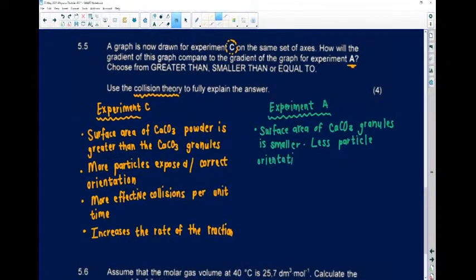And if there's less particle orientation, there's less effective collision. And remember, for the rate of a reaction, you need to have effective collision. So there will be less effective collisions per unit time. That word is pretty important, per unit time. Now remember, if there's less effective collision per unit time, this then decreases the rate of reaction.